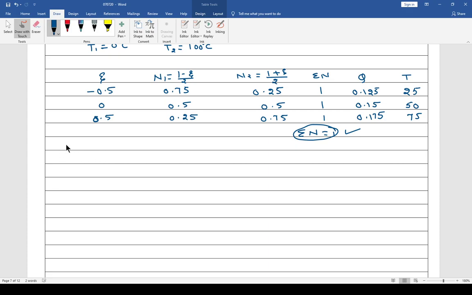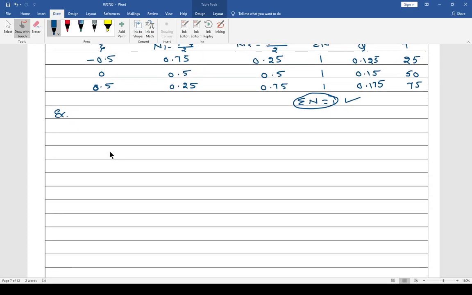So now let's take another problem. There is an element, I just draw it, whose x1 coordinate is 0.5 and let us say x2 coordinate is maybe 1.5.